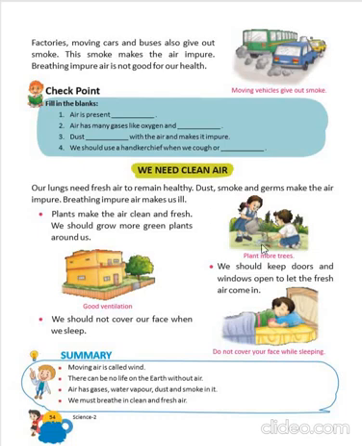By planting more trees, we can make the air clean and fresh. So children, we should grow more and more trees around us. Other way is we should keep doors and windows open to let the fresh air come in. We should also not cover our face while sleeping.